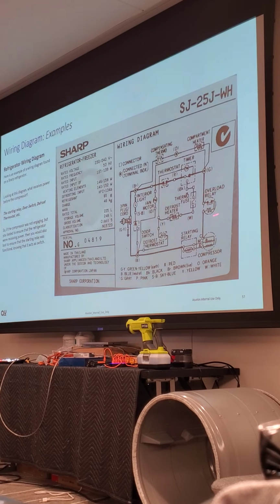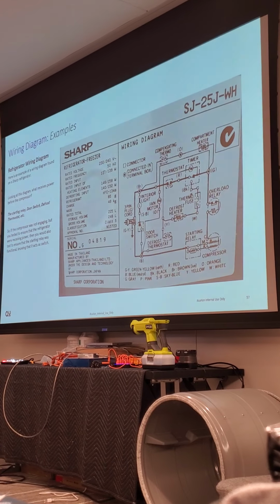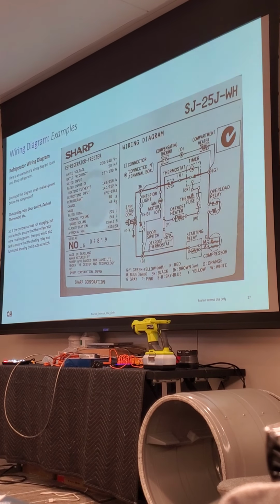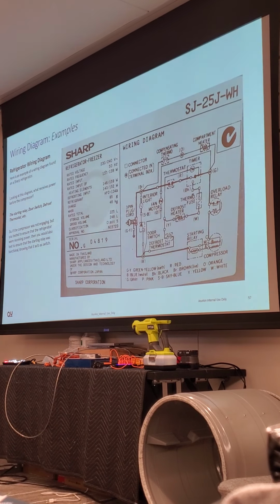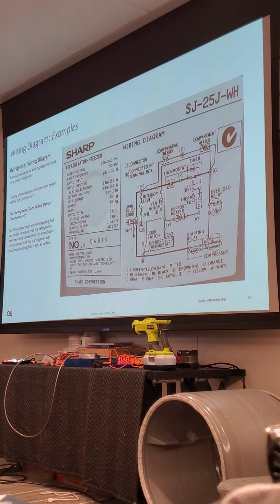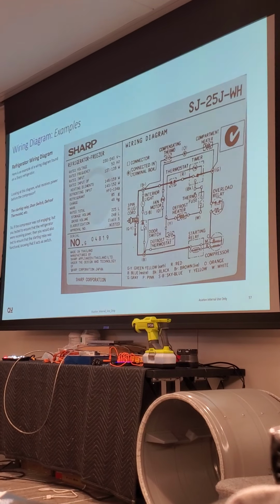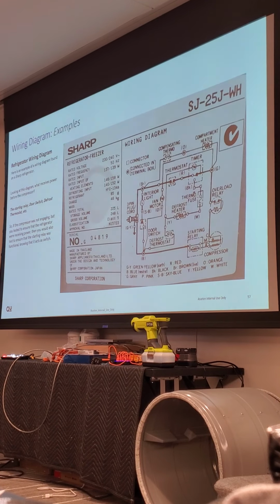If that overload is tripped, it's not going to work. If you don't have the proper power, it's not going to work. Can you jump that? What, the overload? You can, but it's not advised. But there are jumper kits out there to stick on those to see if the compressor comes on. Okay?